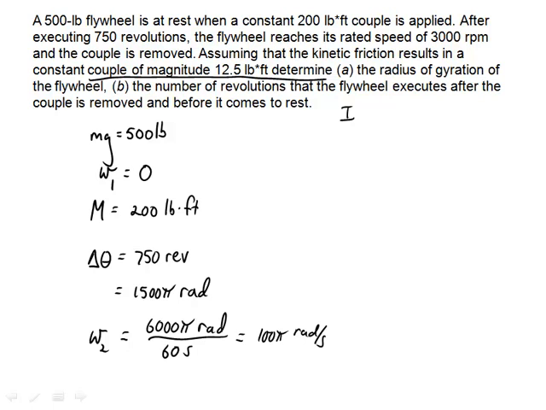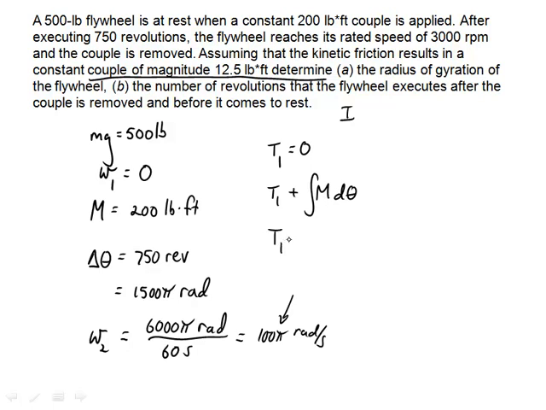Because remember, once we've gotten it up to 100 pi radians per second, it's going to slow down until it finally stops. Okay, well, the initial kinetic energy is equal to 0. Then we apply the couple over a certain amount of distance, in this case angular distance. So I have T1 plus the integral of M d theta, but keep in mind when I integrate this, the moment is constant.